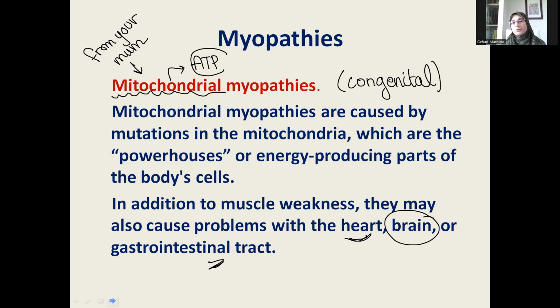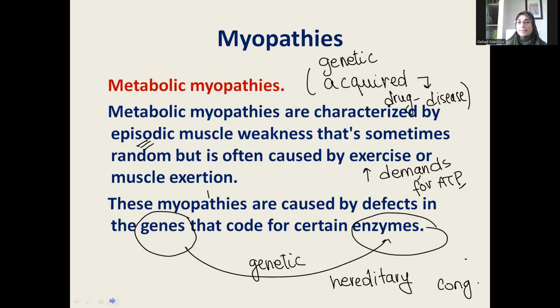By the way, metabolic and mitochondrial myopathies are mainly congenital myopathies, although, as I said before, metabolic myopathies are sometimes acquired due to a side effect of medication or a disease.